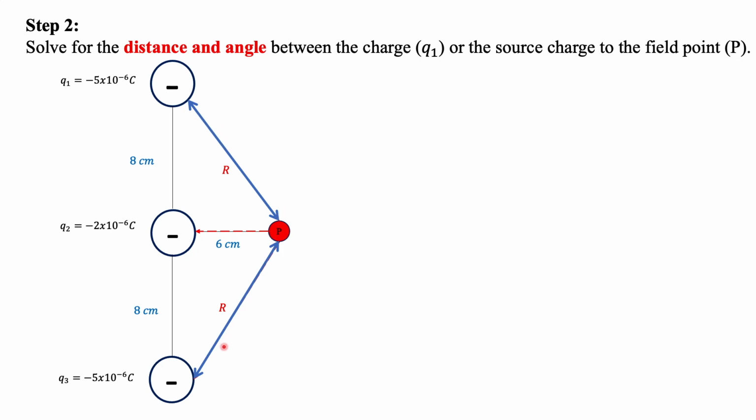So how do we solve for this distance r? I think it is apparent that we will be using the Pythagorean theorem in this case. So consider the case that your r will be your c, 8 centimeters will be the leg a, and 6 centimeters will be the leg b. When we apply the Pythagorean theorem, we end up with c squared, which is r squared, equals a squared plus b squared, the two legs.